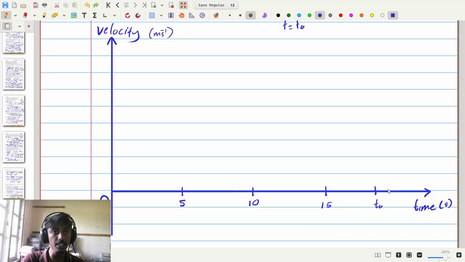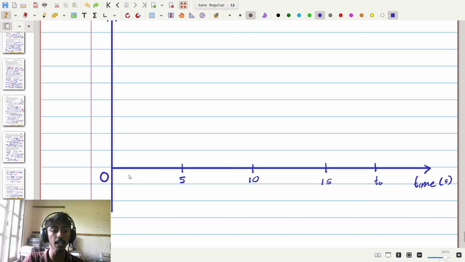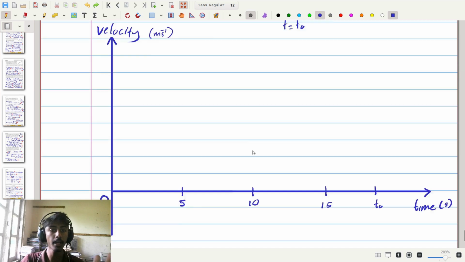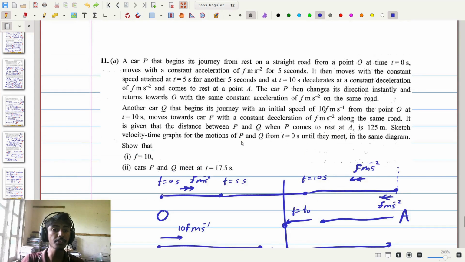As you can see here, I marked the vertical and horizontal axes as velocity and time respectively with their units of meters per second and seconds respectively. In addition to that, I've also marked some important times: t equals 0 seconds, 5 seconds, 10 seconds, 15 seconds, and t0 seconds, which we're going to be using in order to draw our graph. Now for this, what we're going to do is to first consider the motion of car P and use that to draw the velocity time graph corresponding to car P.